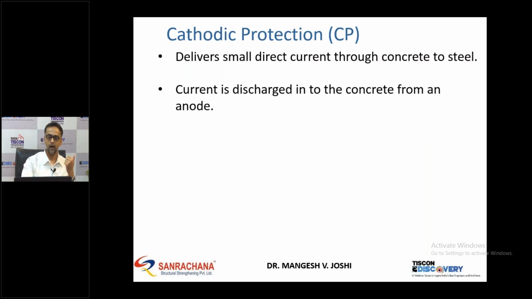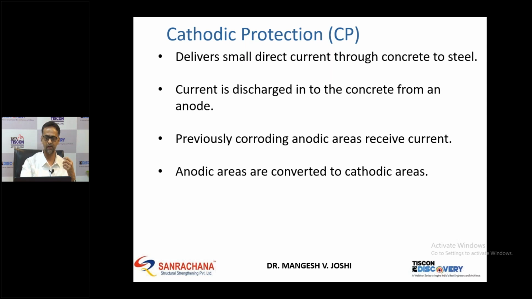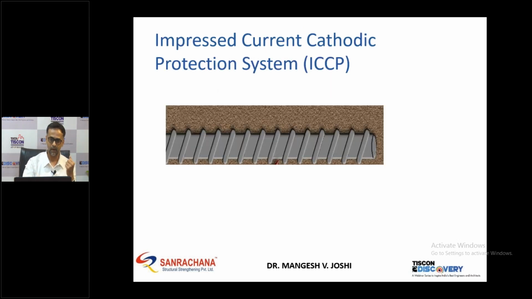It delivers a small current through the concrete to the steel, and the previously corroding anodic areas will receive that current and be converted into cathodic areas, and in this way corrosion will be arrested.